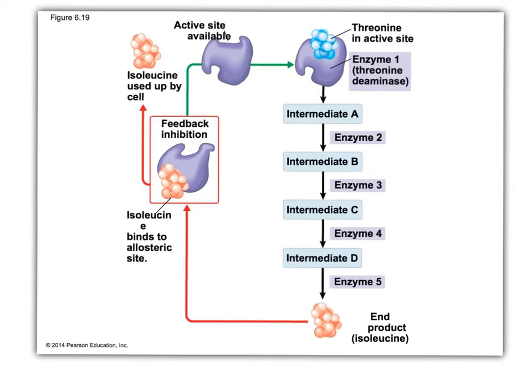What's the purpose? It helps regulate the levels of threonine at a certain level and the levels of isoleucine at its optimal level. That's feedback inhibition. The result of the process is feeding back on the activity of the enzyme. Questions on feedback inhibition?